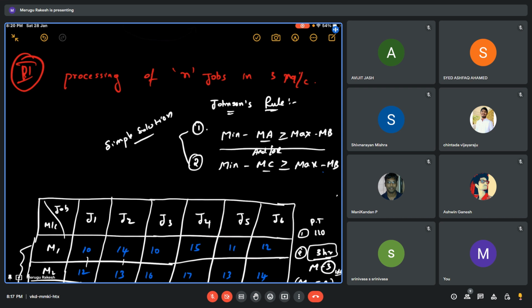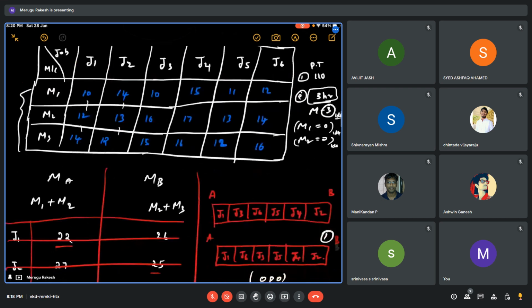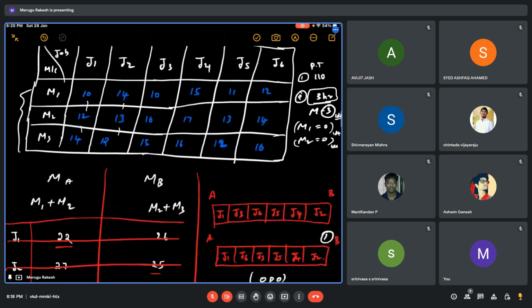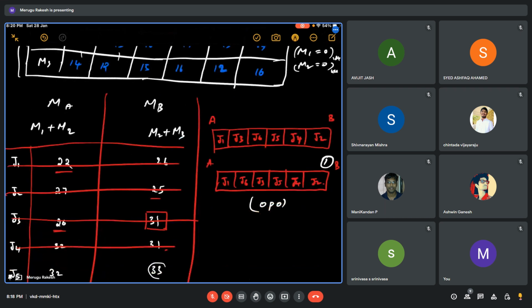But if none is satisfied, you'll end up with multiple sequences. You can still follow this method, but you'll end up with multiple sequences. You try to complete it with the two different sets and see whichever is giving the optimum, and you can check the respective times.